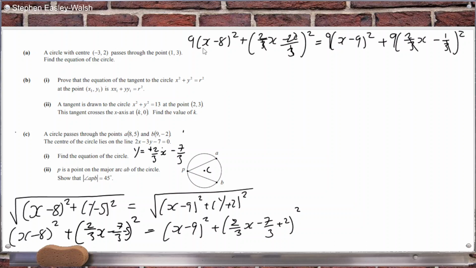Okay, so I'll have 9 times (x squared minus 16x plus 64) plus 4x squared, 488 minus 88x, plus 22 squared plus 22 squared. Oh, this quadratic's looking pretty ugly. Should I stick with it?